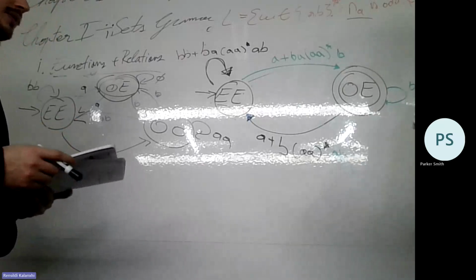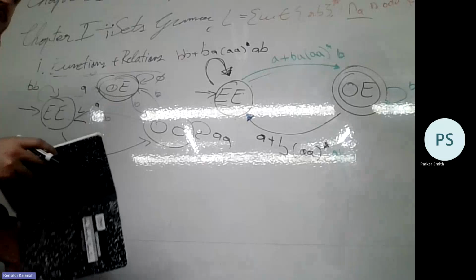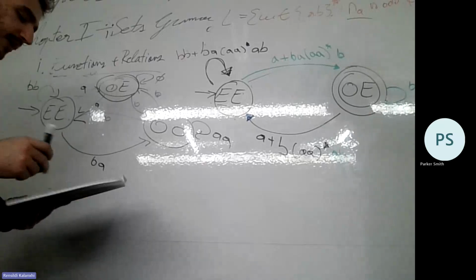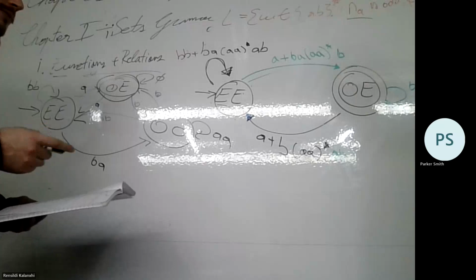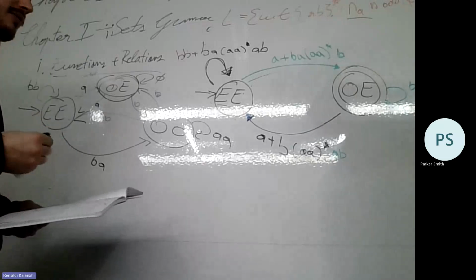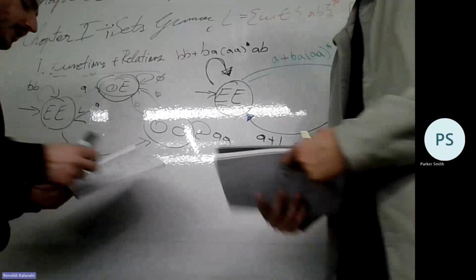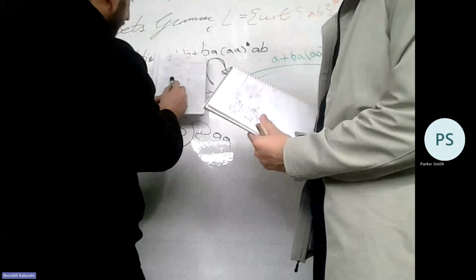I have one quick question. Will that create a free flow to every other place, to choose between A or B? Explain it one more time. So think of it as EE, right?